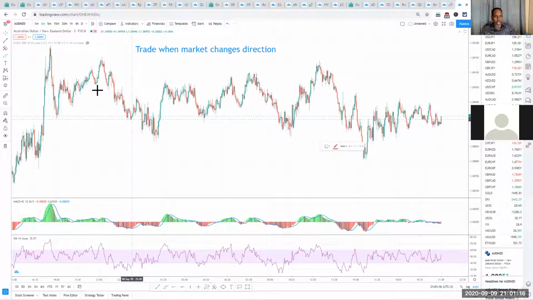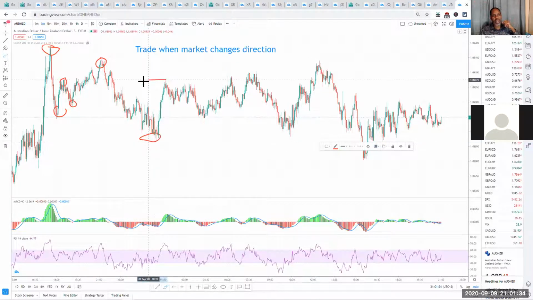All right. So we need to be able to identify these places where the market is turning. Okay. So how can we know these areas that the market is turning? Because if we can be magicians and actually know these areas where the market is turning, then we will make lots of money in high frequency trading.